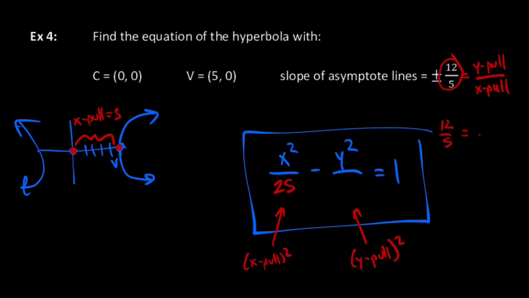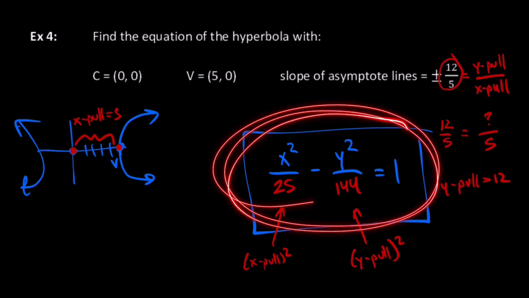So in this case, it's pretty easy to see that the y pole is going to be 12. If, let's say, this fraction here was 24 over 10, you'd have to cross multiply and figure out what that actual y pole is. But in this case, the y pole is 12. 12 squared is 144. And there's the equation of that hyperbola.